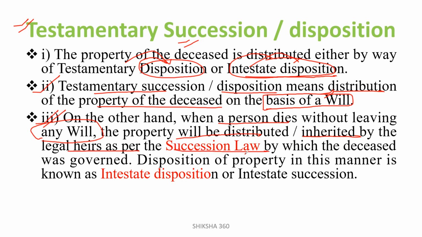So where there is no will, the property will be distributed among all the legal heirs as per the succession law by which the deceased was governed. Disposition of property in this manner is known as intestate disposition or intestate succession.